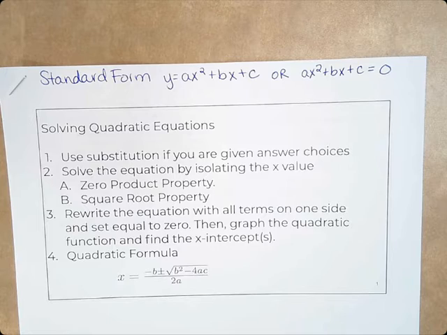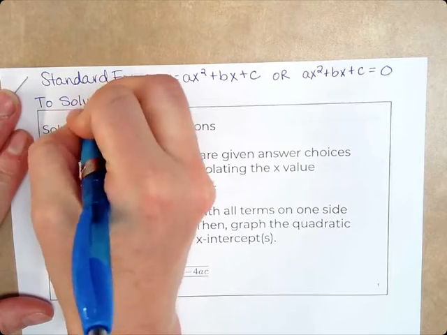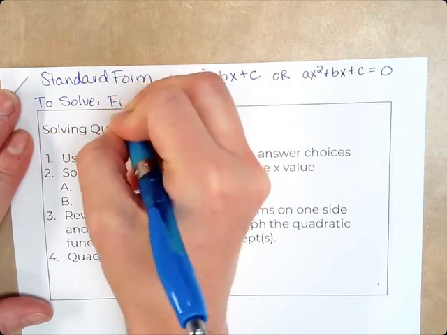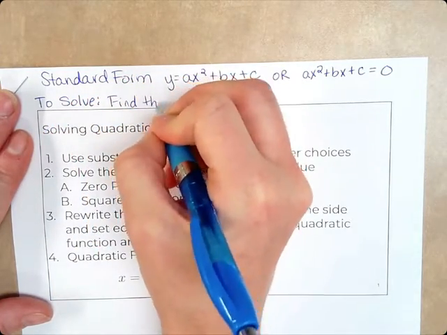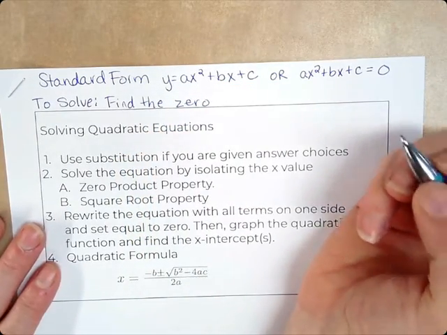When we're looking to solve a quadratic equation, to solve means to find the 0, which we can do on the graph, and there may be more than one.